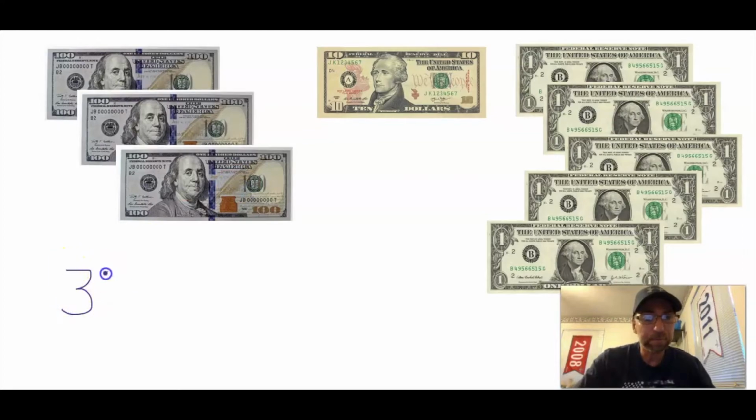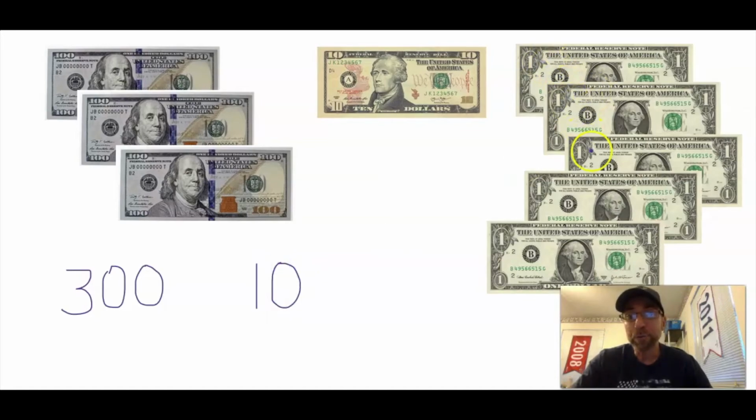Wow. $10. 1, 2, 3, 4, $5. Now I have to add them all together. So one way to do it is I can add up 300 plus 10 plus 5. Or I can count them all.